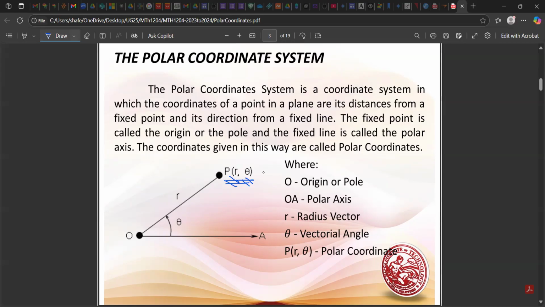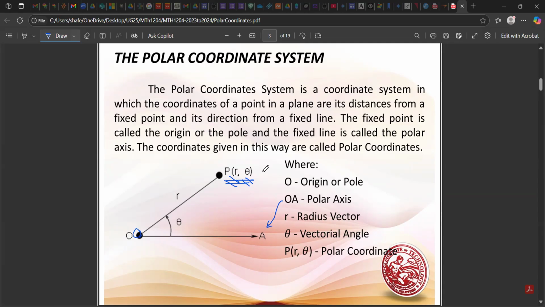Before we can do that, we have to set up some references, all right? So OA is what we'll call the polar axis, right? That's it there, the polar axis. It starts at the origin, and it doesn't have to go in that direction, but we'll use that.